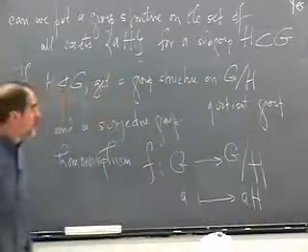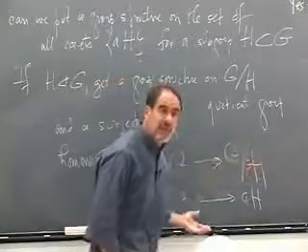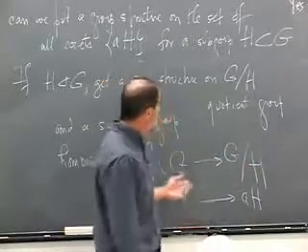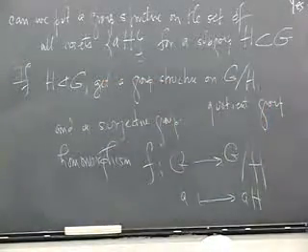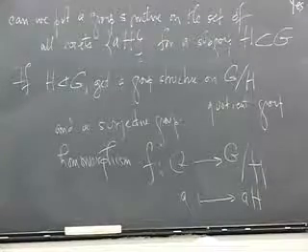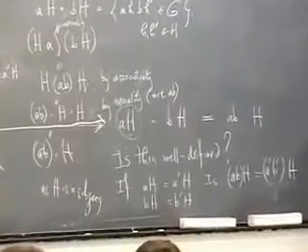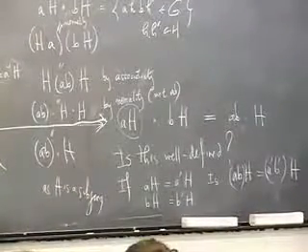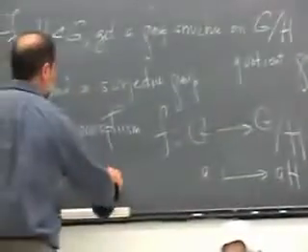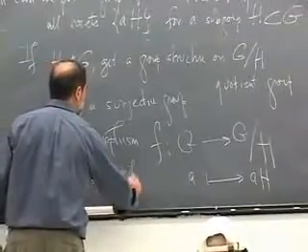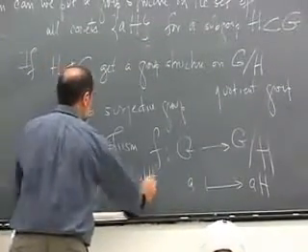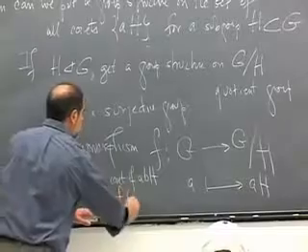That's surjective because every coset is the coset of something. And it's a homomorphism because we've defined the group law in this way. F of A times F of B is the coset of ABH, which is F of AB.